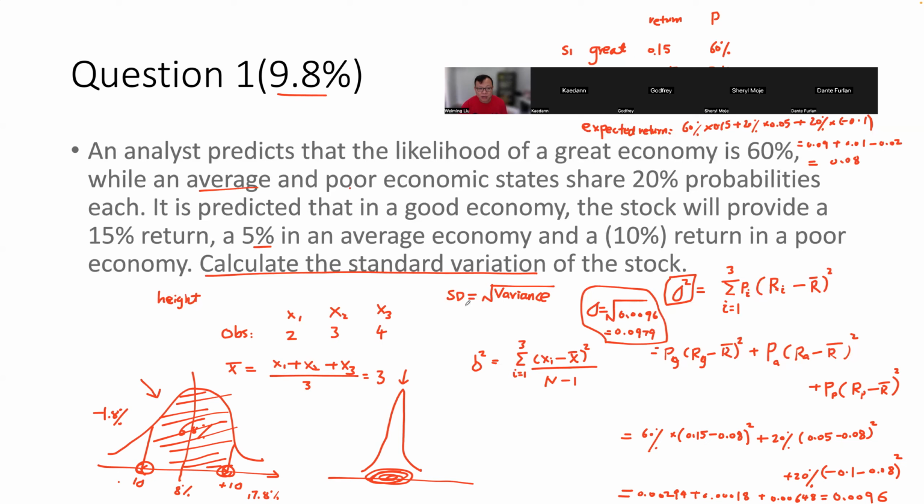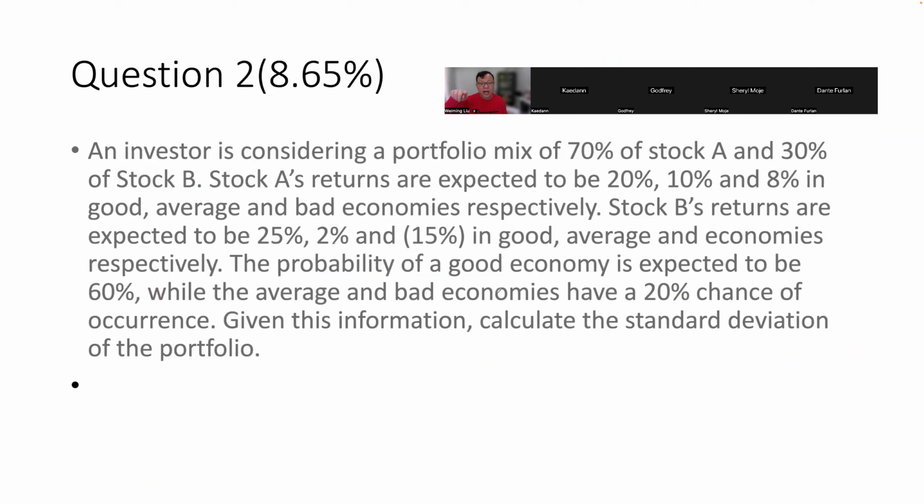Since you have learned from question 1 how to calculate the expected return and the standard deviation, I want you to calculate the expected return of A and the standard deviation of A. And then I want you to calculate the expected return of B and the standard deviation of B. I have shown you how to do it in the first question.